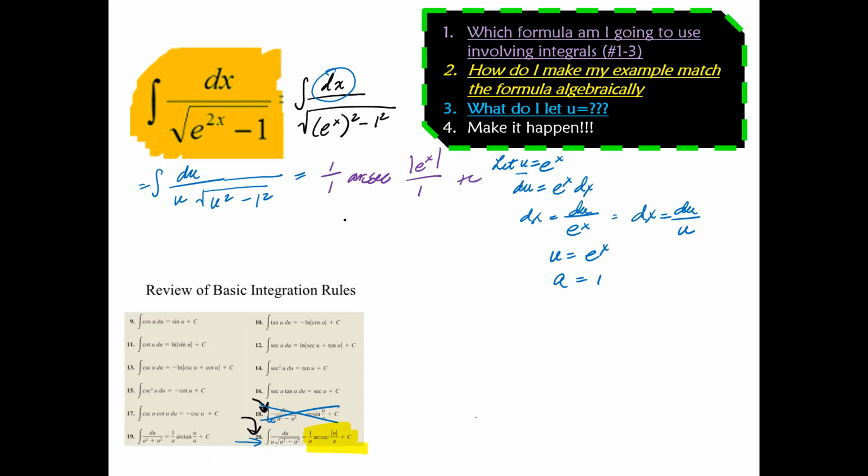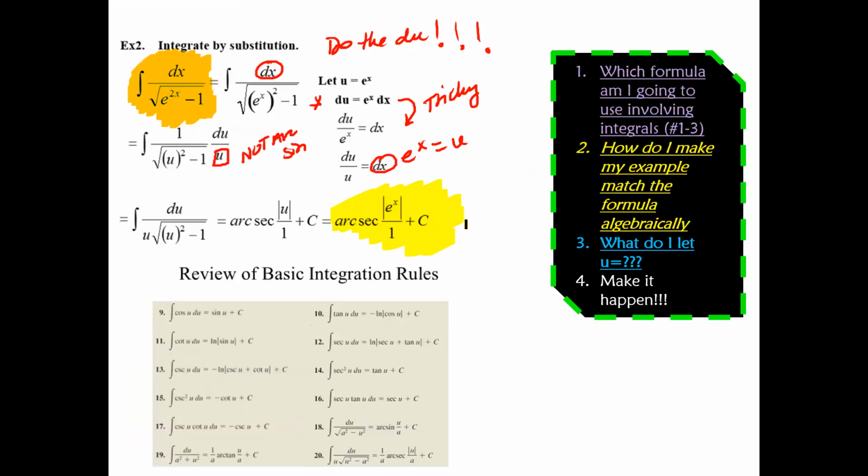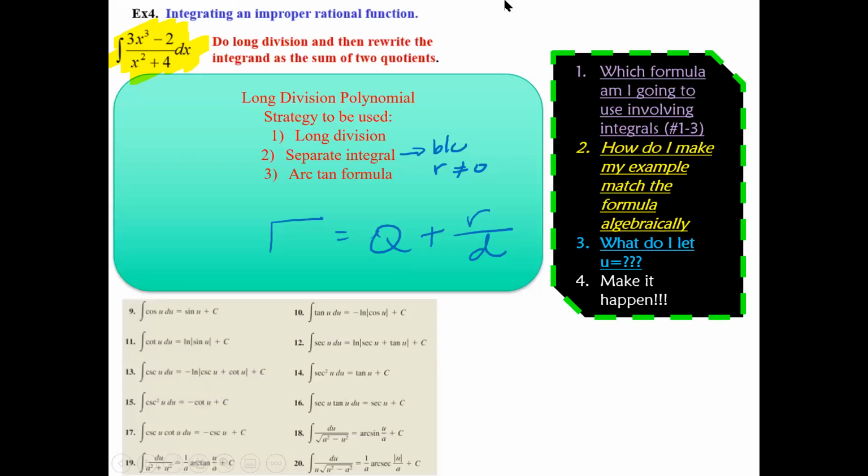So my answer is just going to be arcsecant e to the x plus c. And this is your answer. Okay, third one, let's go ahead and take a look at this one here.